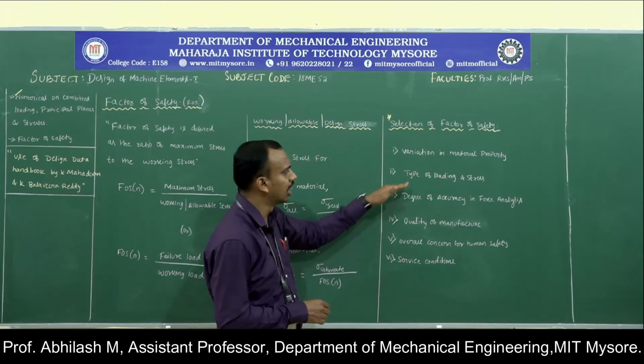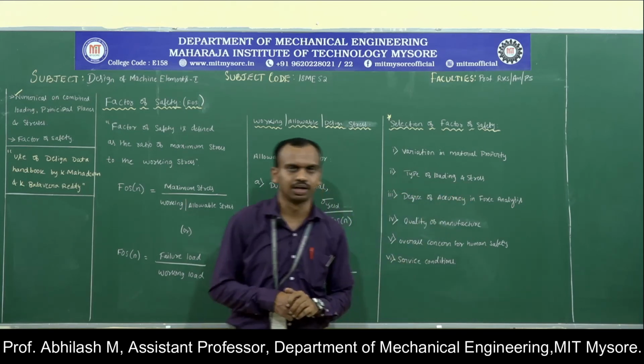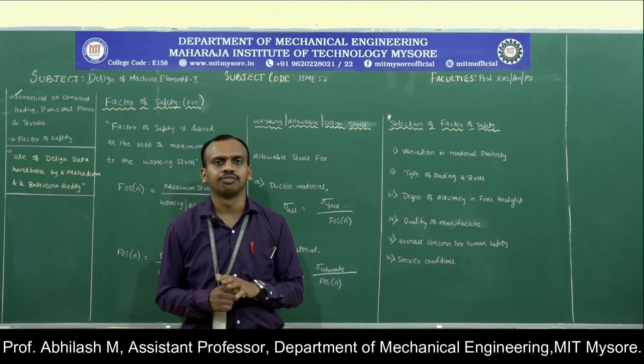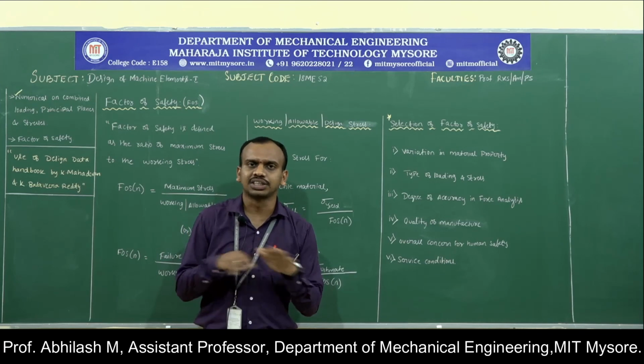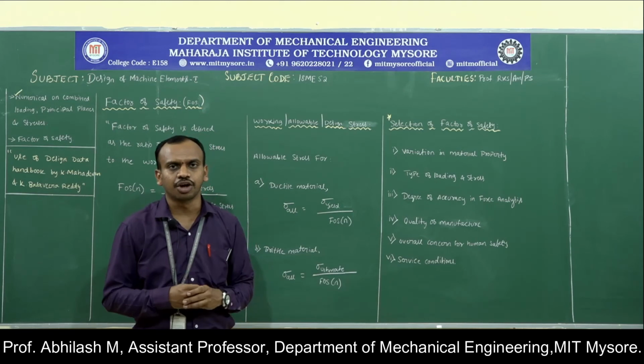The second parameter depends upon the type of loading and the stresses that are developed. If the machine component is subjected to a static loading condition, we know that it is a fixed one. There will not be any extra load acting on the machine component.